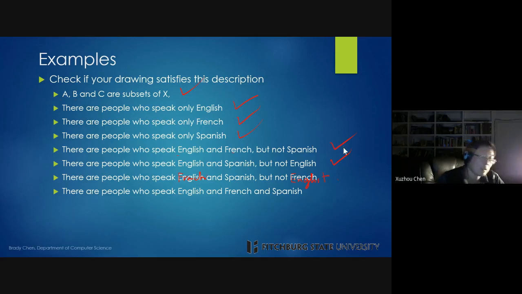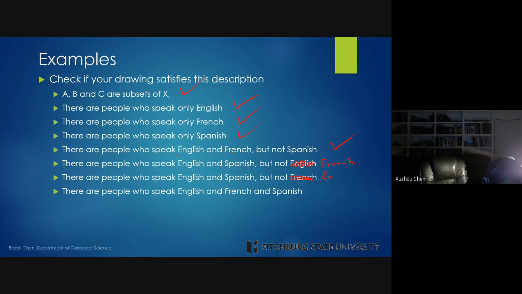Oh, I messed up. I think this is not likely the case. So English and Spanish, but not French. And the last case, English, French, Spanish.